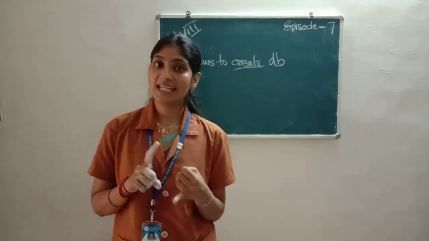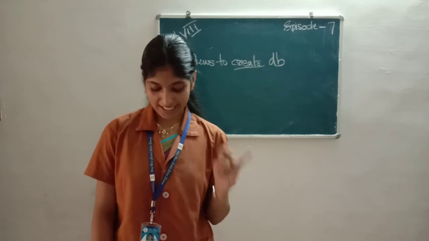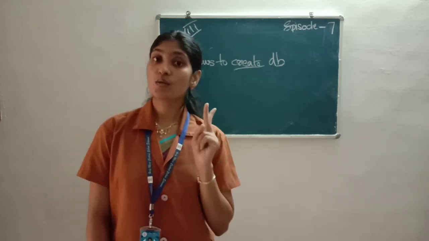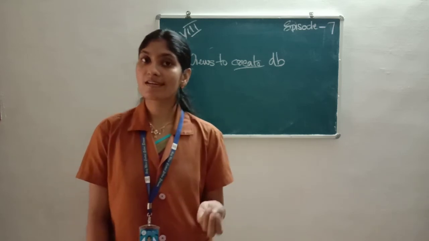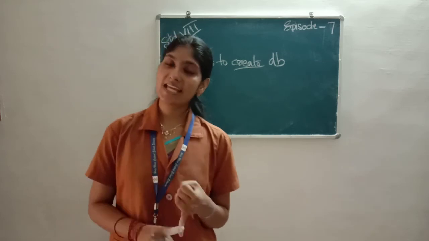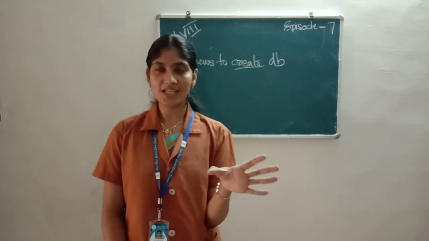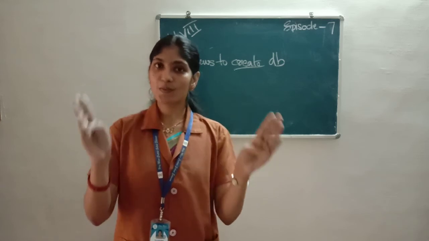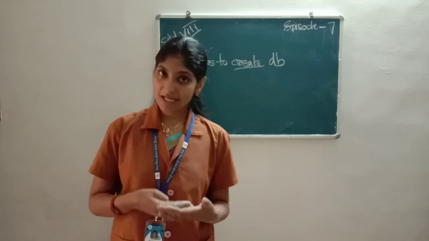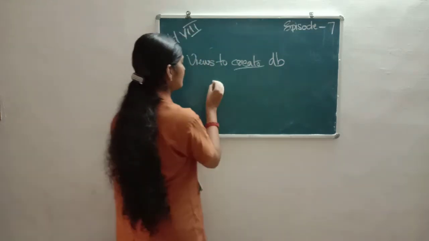First way is data sheet view and second way is design view. Data sheet view means it's similar to a spreadsheet, and design view contains the field and data type specification.